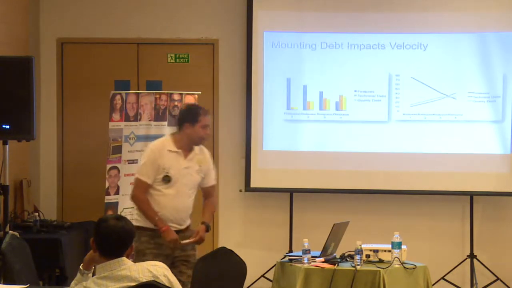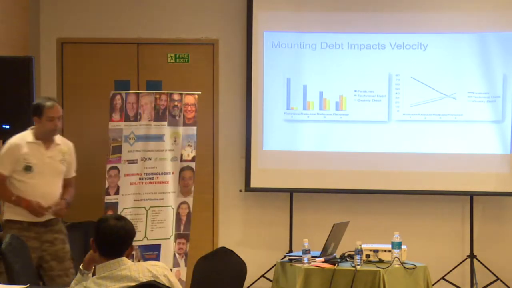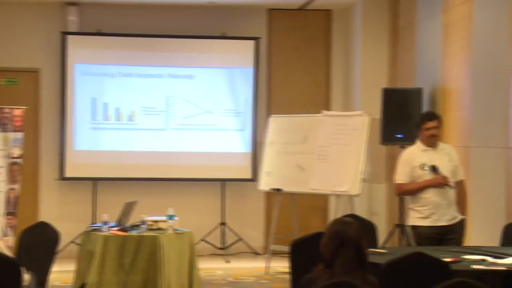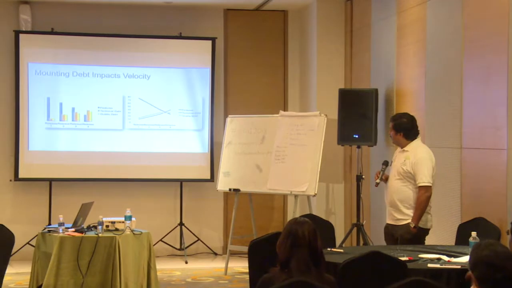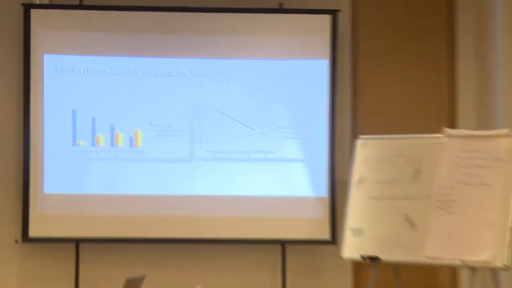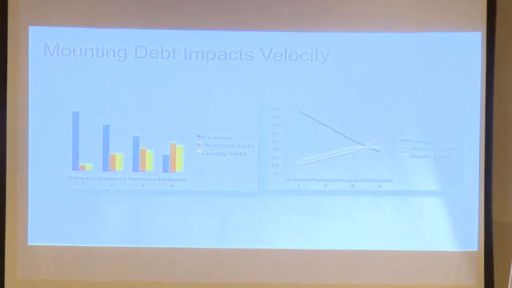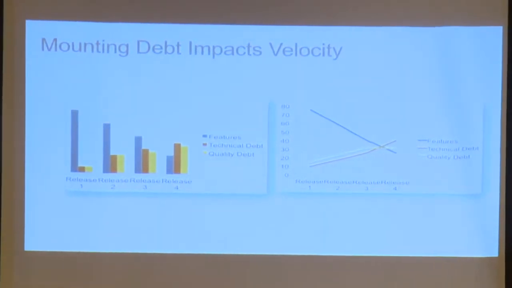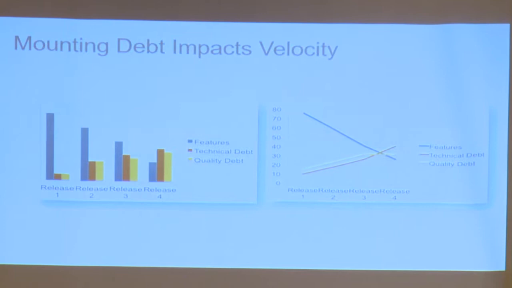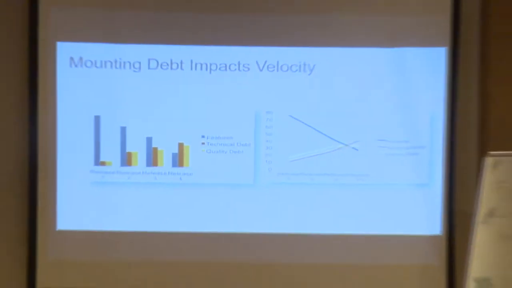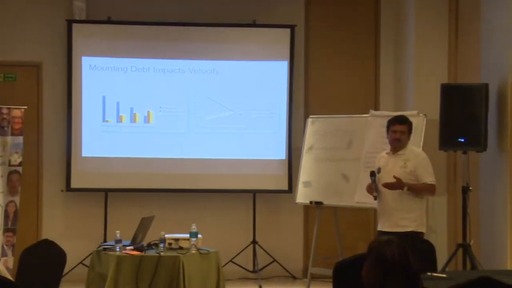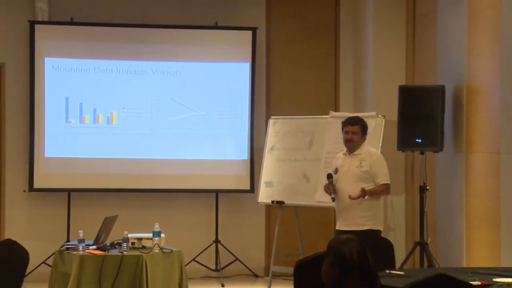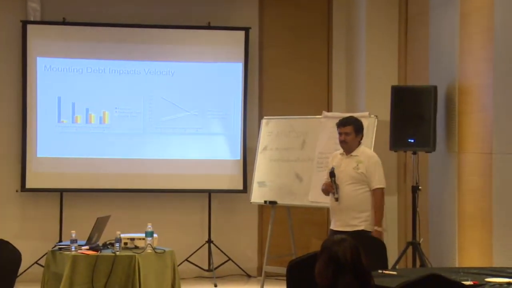Interestingly, there were a lot of surveys and studies which show that the higher the technical debt, the more your complexity and maintainability issues keep increasing. The velocity of your team, the number of new features which you can deliver to the product, will keep decreasing, isn't it? We spend more time on cleaning up and trying to understand how to fit in the new feature rather than going fast.